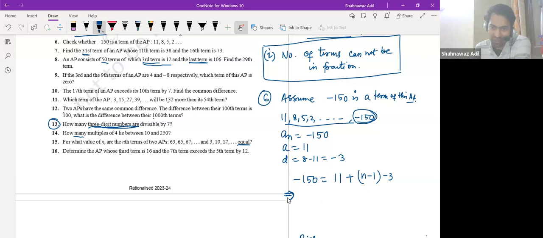Whenever we are writing the equation, we have to write these things. The teacher will cut marks. So please write an is a plus n minus 1 into d appropriately. I have not cut marks, but in a school exam, they will cut marks. So this portion was also correct.